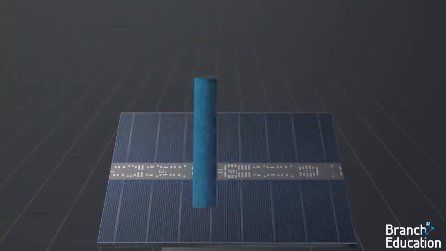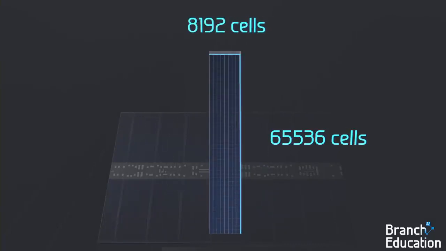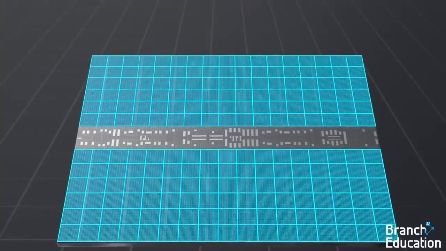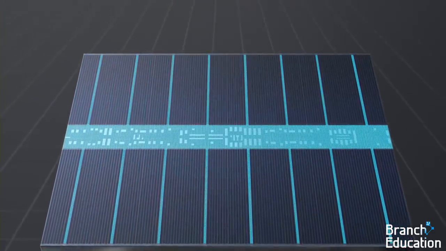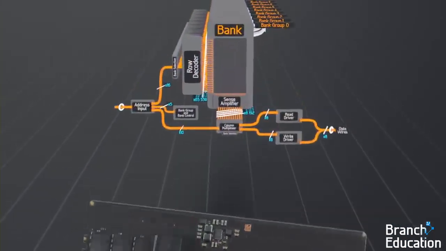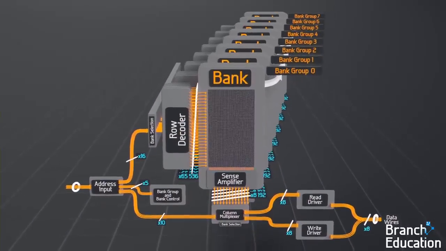Within each bank is a massive array, 65,536 memory cells tall by 8,192 cells across, essentially rows and columns in a grid, with tens of thousands of wires and supporting circuitry running outside each bank. Instead of looking at this die, we're going to transition to a functional diagram and then reorganize the banks and bank groups.